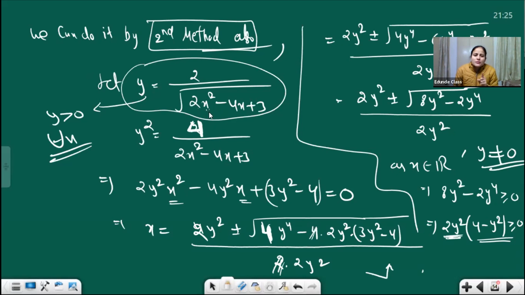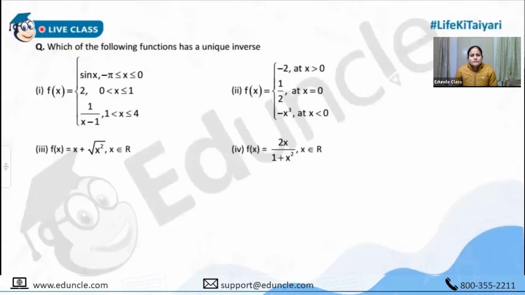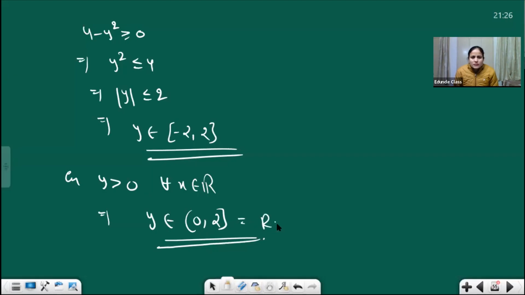If x does not tend to plus infinity or minus infinity, then at any other point the value of y will not be 0. So yes, clearly y equal to 0 will not be in my range.